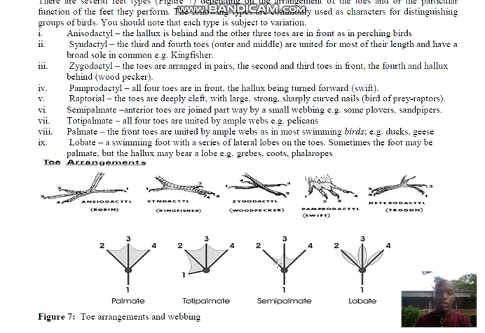For semipalmate, they are only partially covered with the web. And this is what we mean by the lobate. These are for the swimming birds, and they have these lateral lobes covering them.